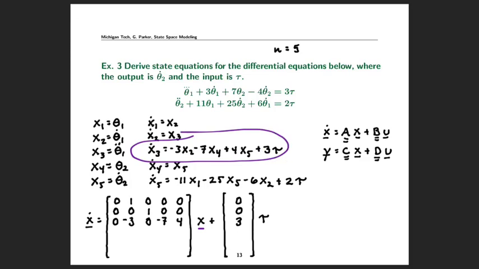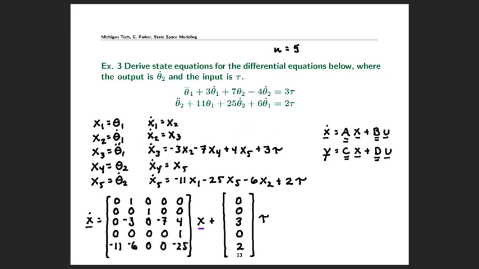How special is that? And for the x4 equation, we get this, and for the x5 equation, we pick up all those nice terms, and another input. The output, the prompt says theta 2 dot, that's just x5.